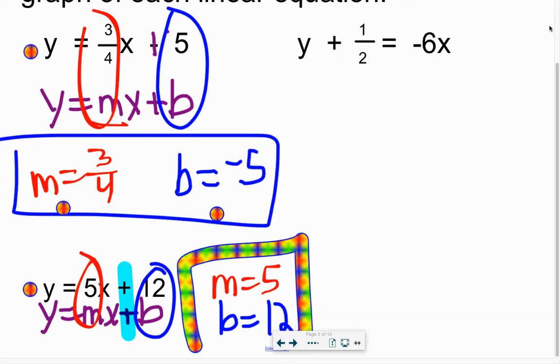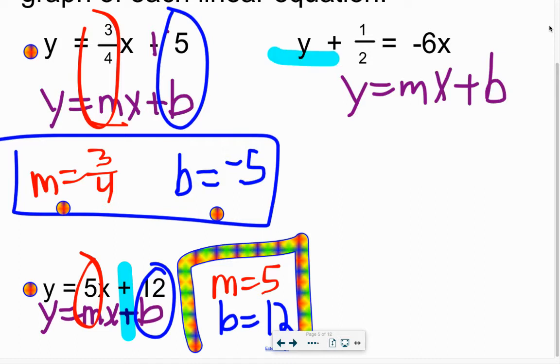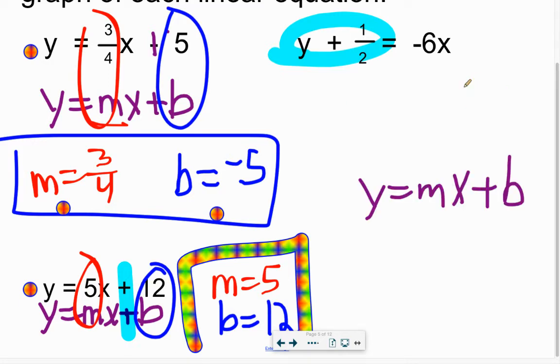Every once in a while, you'll get one like this. Is it in the form y equals mx plus b? Is the y all by itself over here? No. So we're going to have to do a little bit of work. Let me move that y equals mx plus b out of our way, down here, because what we need to do is get the y all by itself. So we need to get rid of this adding half.